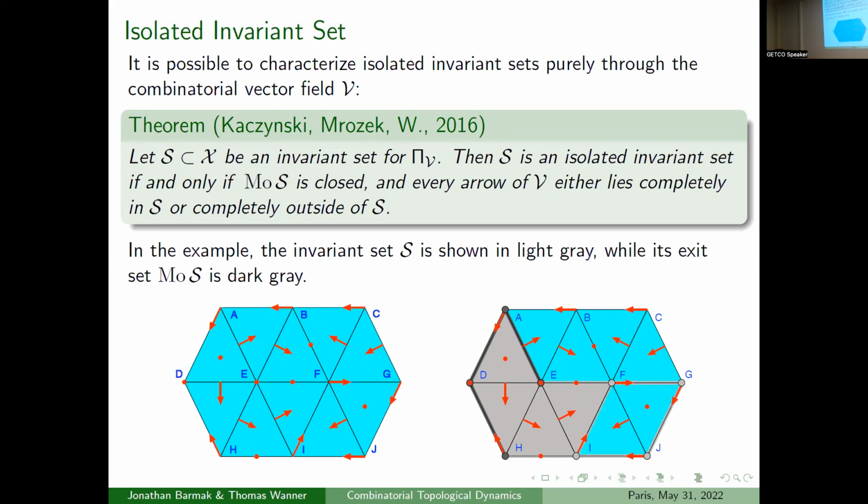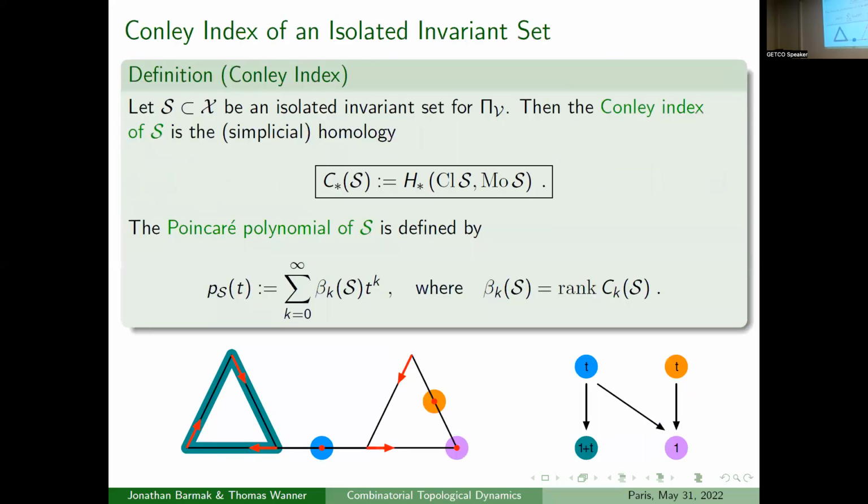Every arrow of that vector field either lies completely inside or completely outside of that set. Another way of saying that is that the isolated invariant set is a union of critical cells and vectors. So it's very easy to check in specific examples whether you have an isolated invariant set.